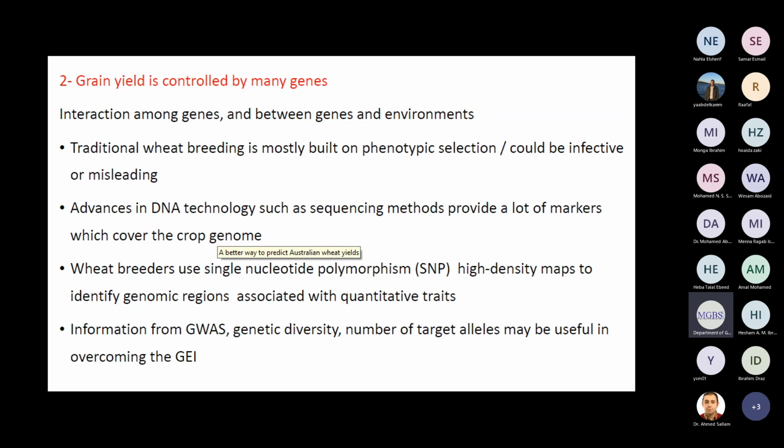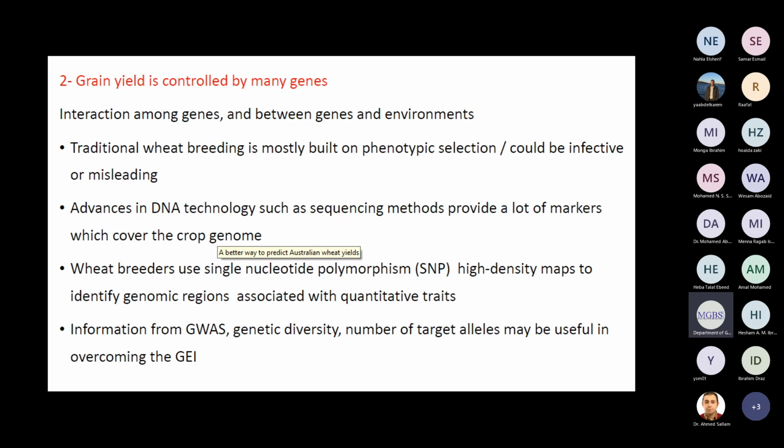So actually, to genetically improve grain yield, we have to identify as many genes as possible. The traditional breeding program takes a long time and is very labor and time consuming. You have to cross to plant F1, F2, F3, and go to F7 to have highly homozygous genotypes.